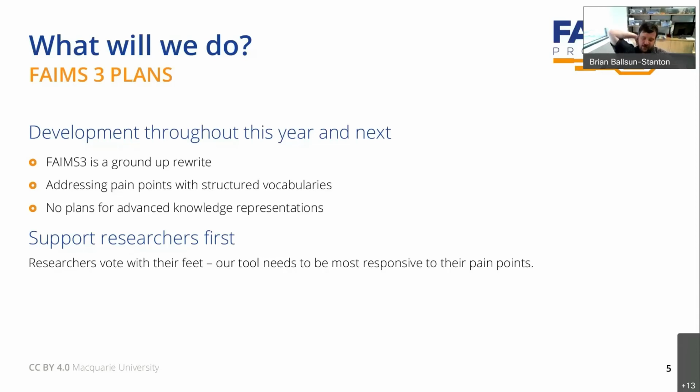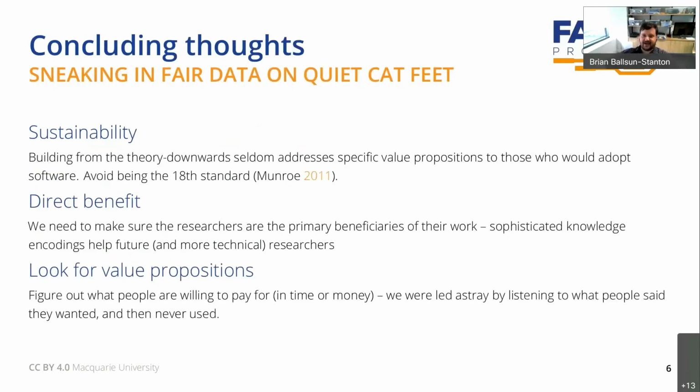And so if we are responsive to researchers and their pain points, they will continue to use us, and we will be able to support them and sneak in good data and good vocabularies where we can. And so we really don't want to build theory downwards, because theory downwards doesn't address researcher-specific value propositions.